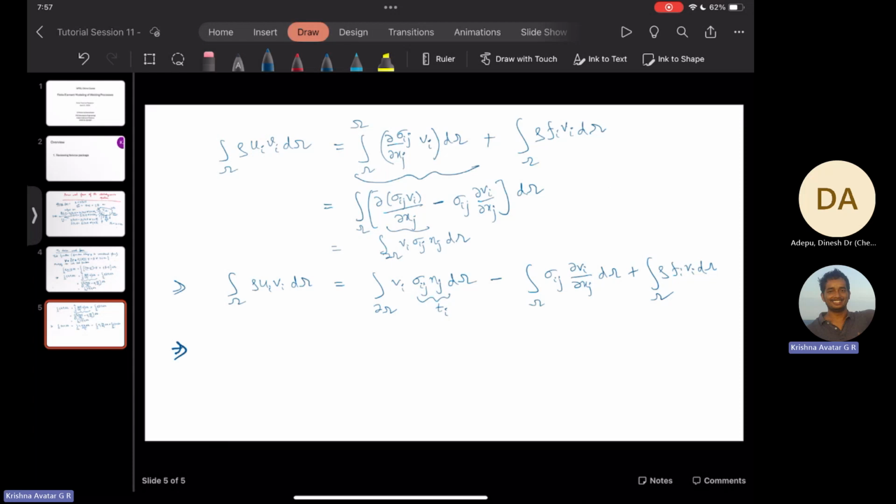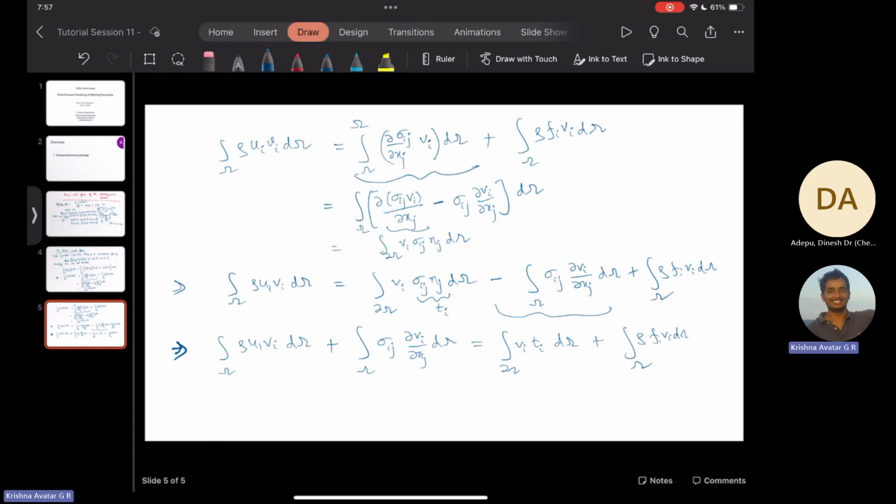And then let's bring this term on the left hand side. So it is ∫_Ω ρ ü_i v_i dΩ + ∫_Ω σ_ij ∂v_i/∂x_j dΩ is equal to ∫_∂Ω v_i T_i dΩ + ∫_Ω ρ f_i v_i dΩ.